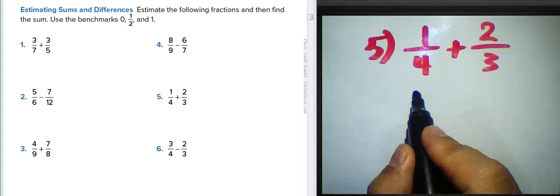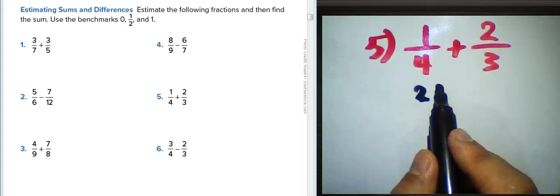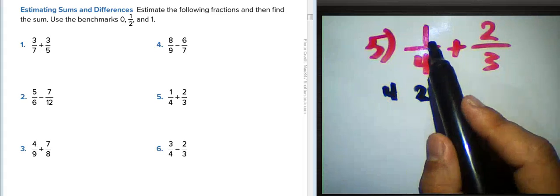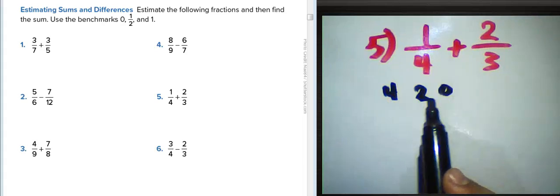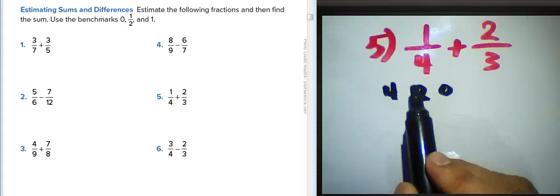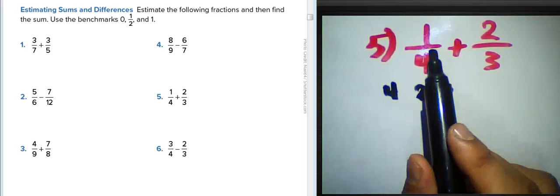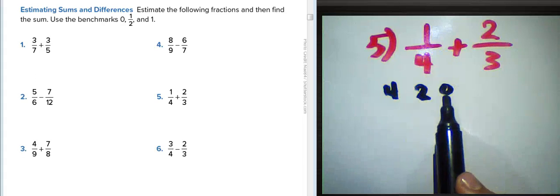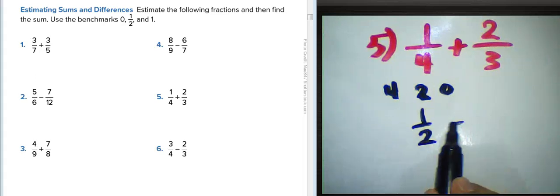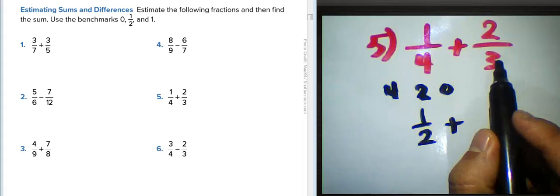For the first fraction, it will be 2. And we write 0 and 4. Ask yourself, is 1 nearest to 2, or 0, or 4? 1 lies between 0 and 2, so it's nearest to half. And what about 2 over 3?